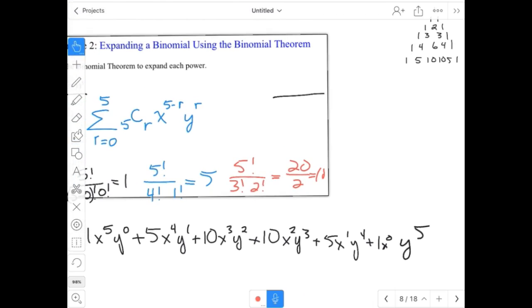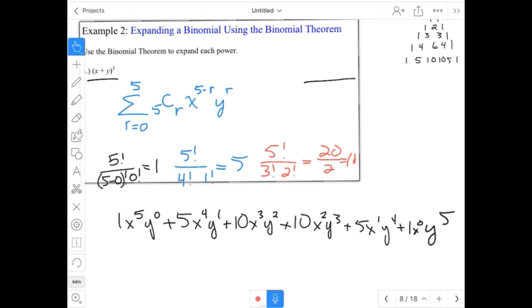Didn't carry that one with it, that's all right. So we could simplify that down even further just by looking at our 0 powers and things like that. So it could be x to the fifth plus 5x to the fourth y, so on and so forth.